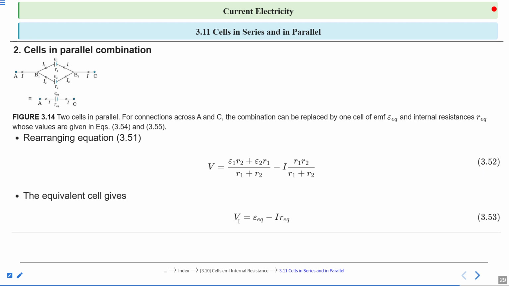The equivalent cell gives V equal to E equivalent minus I R equivalent. This is the basic formula that we are using from the beginning. So comparing equation 3.53 with 3.52, we will get E equivalent and R equivalent.